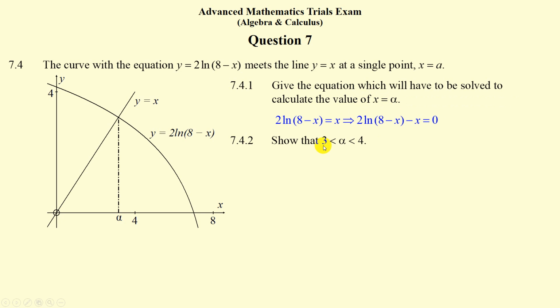Show that 3 is less than alpha is less than 4. So we must show that this value here is between 3 and 4. Well, the way to do that is to substitute 3 into one of the equations and substitute 4 into one of the equations and show that one result is positive and the other is negative. So it's above and below the axis, and that it's continuous.